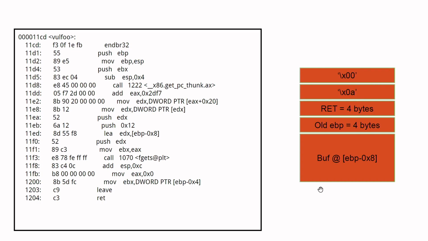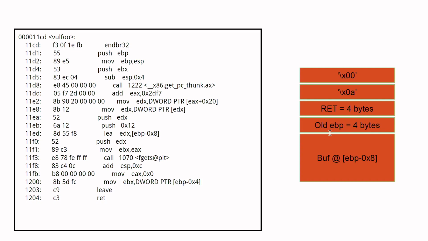Let's see the disassembly of Overflow. At the C code level, we ask for 4 bytes. But at the binary level, we actually get 8 bytes. You can see this is fgets. The buffer's address is at EBP minus 8. Then the saved EBP is 4 bytes. The return address is 4 bytes.